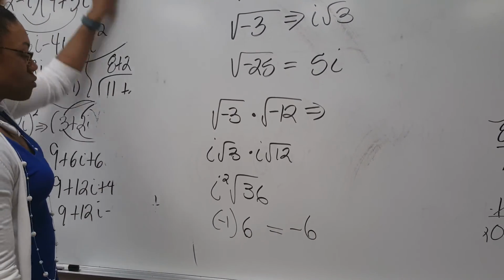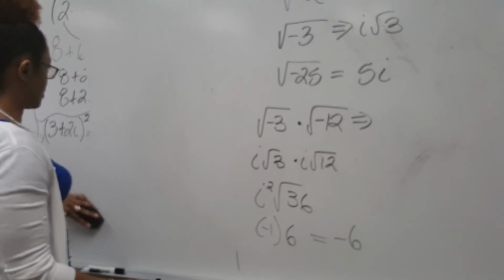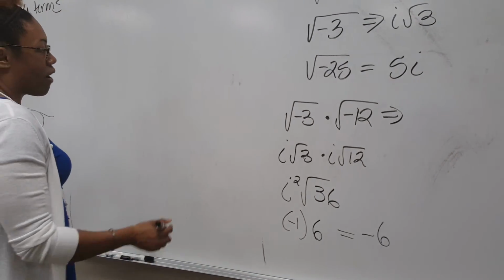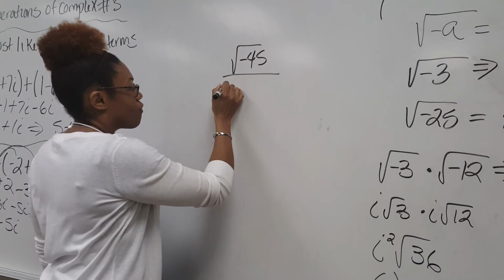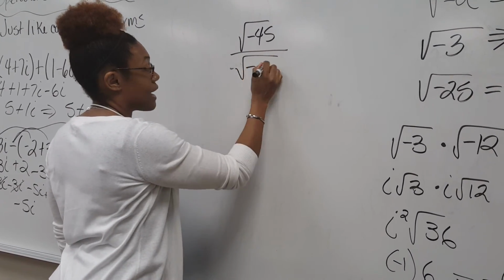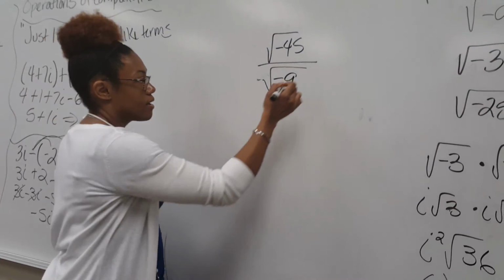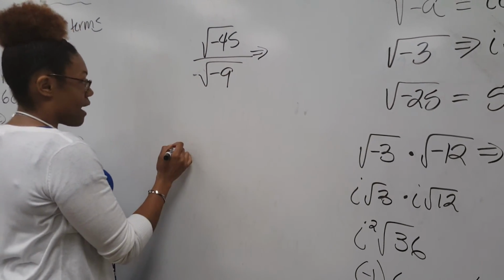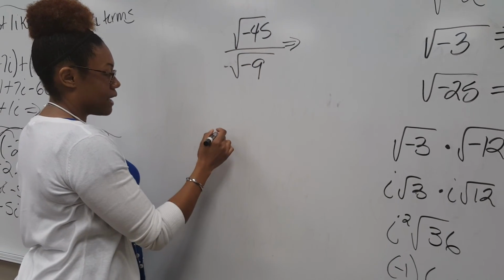So just as we have done with multiplication, you can also do something with division. So in the division part, let's say I had the square root of negative 45 over the square root of negative 9, right? So with that being said, I can put it all underneath one thing, or I can actually eliminate these i's.